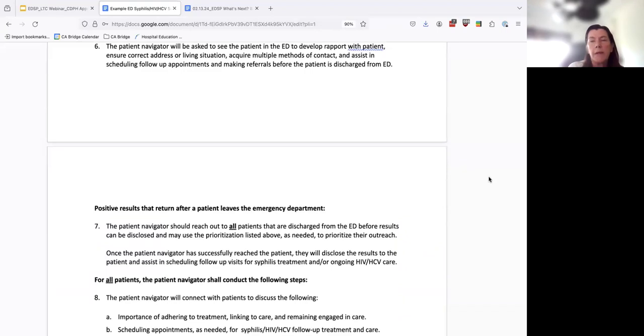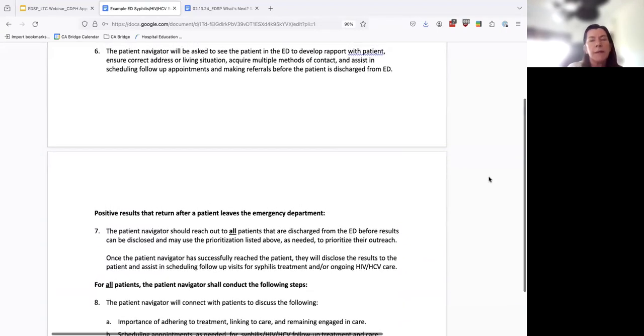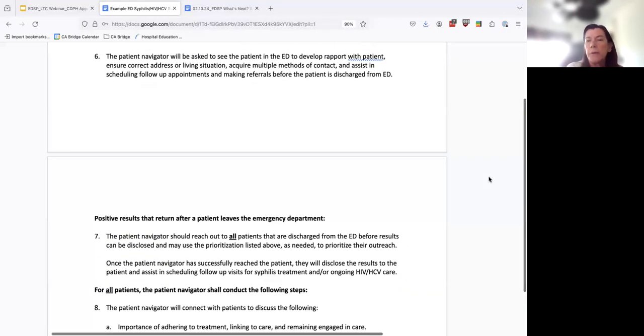Typically the patient navigator will be asked to see individuals while they're still in the emergency department, because that helps them begin to develop that rapport. And then when they're seeing them, they can ensure that they have a correct address or living situation. You know, sometimes that living situation is they live under the 5th Street Bridge.